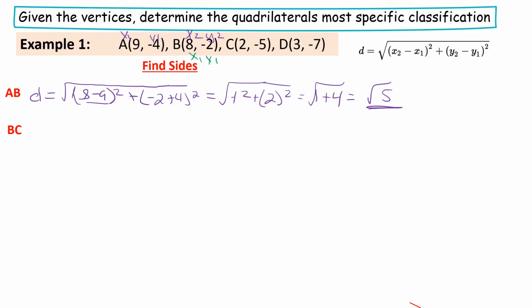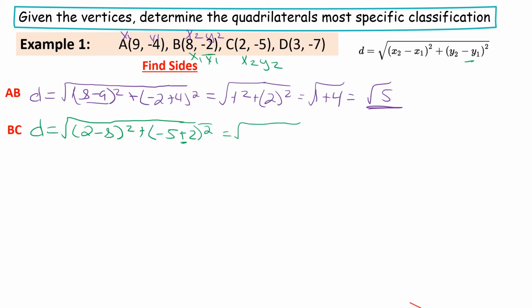Next, let's find side BC. I'm going to label x1, y1, x2, y2, using the same process, plugging it in. 2 minus 8, so x2 minus x1 squared, plus negative 5 plus 2. Again, we got that double negative: we have minus a negative in the formula, and we have that negative 2 there.